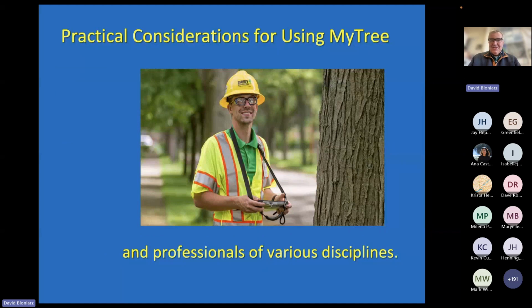So MyTree is one of those tools you can use. And then professionals, there's a Davey employee. Believe it or not, a lot of the Davey folks that are in the field, especially their arborists that work with customers and clients individually, want a quick assessment of the value of trees on a person's property. And they'll just take MyTree and they can literally have this information available for their customer within a couple minutes.